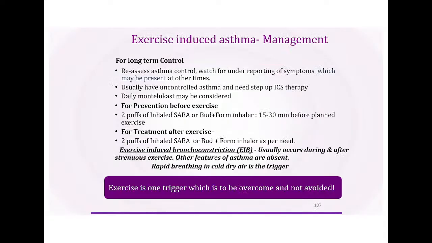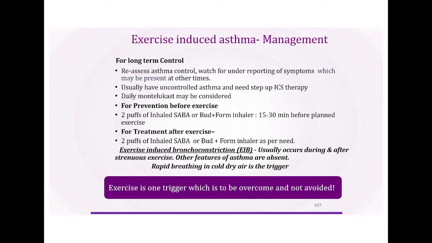So exercise induced asthma management is to reassess the asthma control, watch for under reporting of symptoms, and look for the need for step up of inhaled corticosteroid. Daily montelukast may also be considered. But before exercise, if you want to prevent onset of wheezing or bronchoconstriction, then you can give 2 puffs of inhaled SABA or Foracort 15 to 30 minutes before planned exercise, and after exercise you can give again 2 puffs of inhaled SABA or Foracort inhaler as needed.